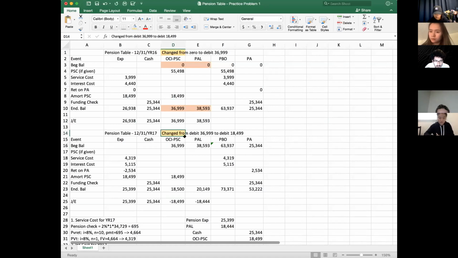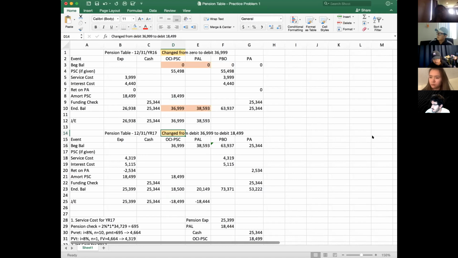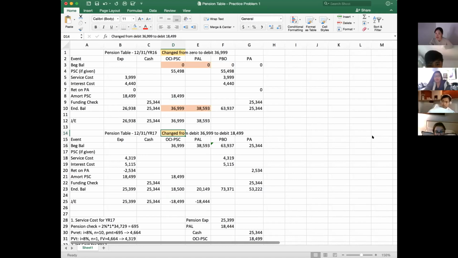And in year 17, the balance dropped from 36,999 to another debit 18,499. So to reduce that loss from 36,999 to a loss of 18,499, we have to credit the change. Lauren, did I answer your question? Okay, good.